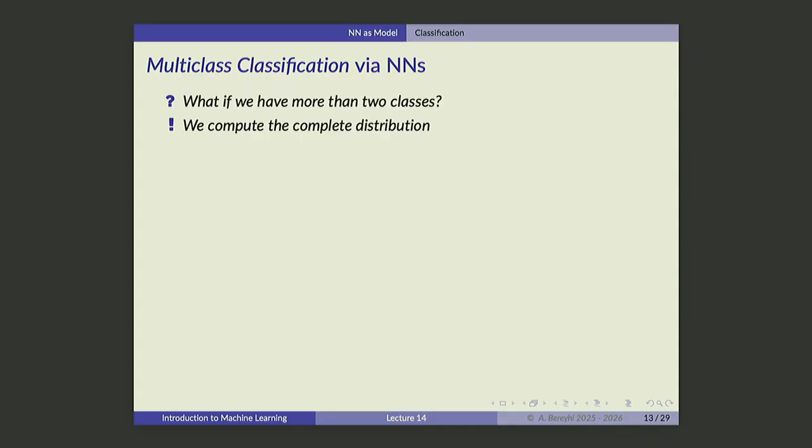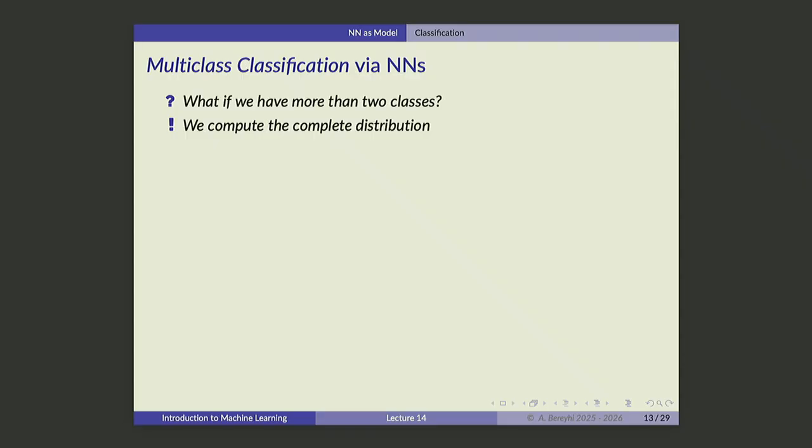Because my labels could be either class 1, for instance, class 2, and so on, till how many classes, C different classes, you have, right?